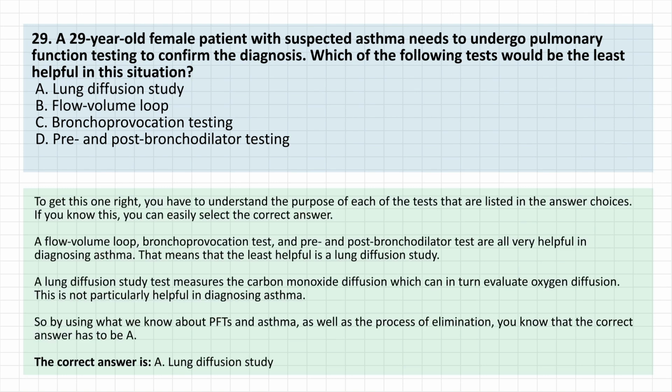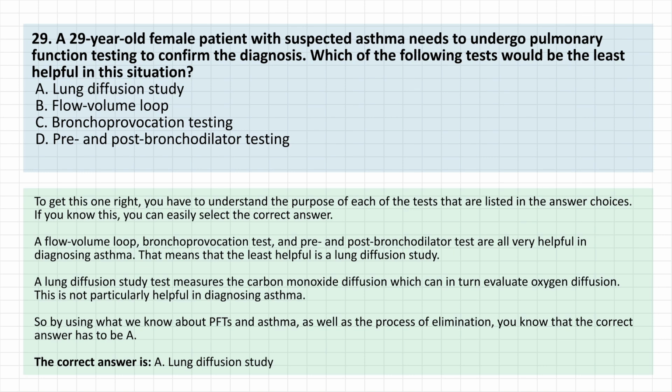Lung diffusion study. To get this one right, you have to understand the purpose of each of the tests that are listed in the answer choices. If you know this, you can easily select the correct answer. A flow volume loop, bronchoprovocation test, and pre- and post-bronchodilator test are all very helpful in diagnosing asthma.